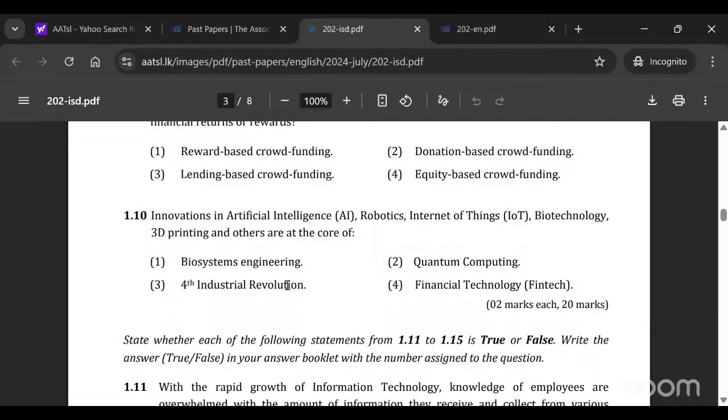And Industry 2 is mass production with conveyor belt. Industry 2 also electricity, right? Industry 3 is using computers and software. Industry 4, smart technology, artificial intelligence, robotics, Internet of Things, Internet of Everything. Everything goes under Industry 4, right?